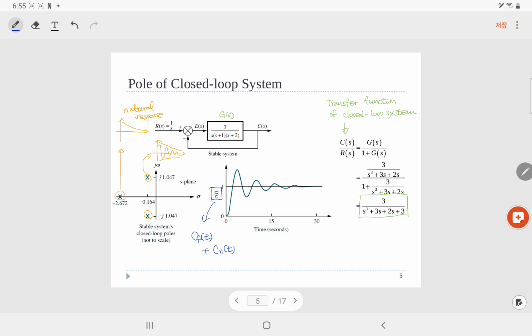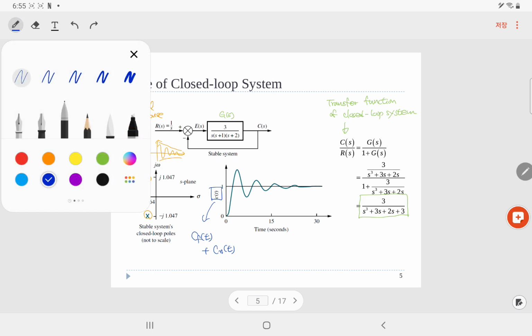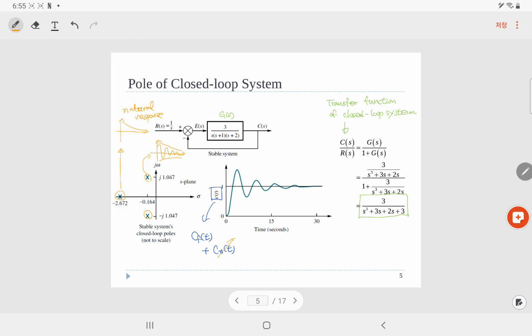This is the stable case, because this natural response converges to 0 as time t approaches infinity. So the natural response C_n of t will converge to 0, so this is a stable system.